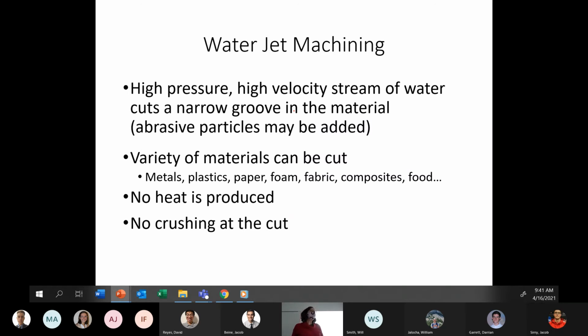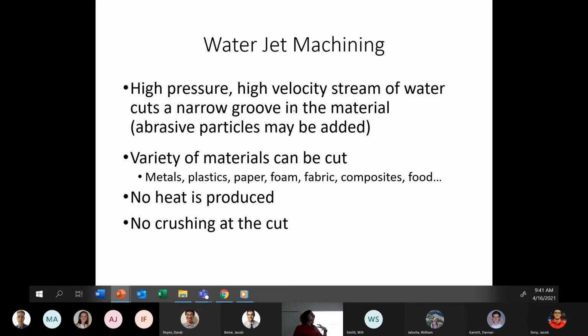Water jet can pretty much cut many different materials. And if we have two materials that have different thermal properties, we can easily cut those as well.